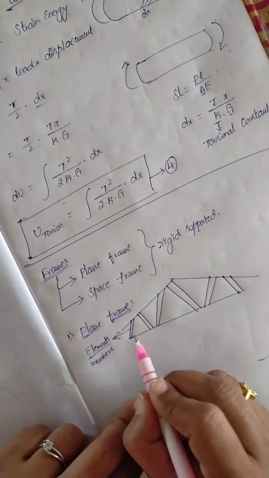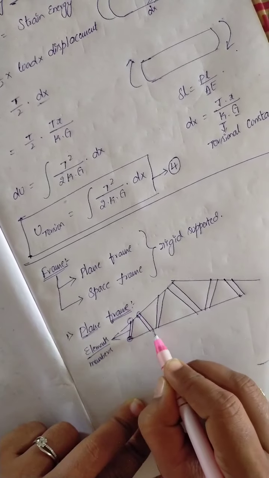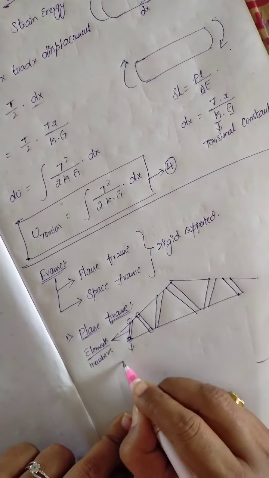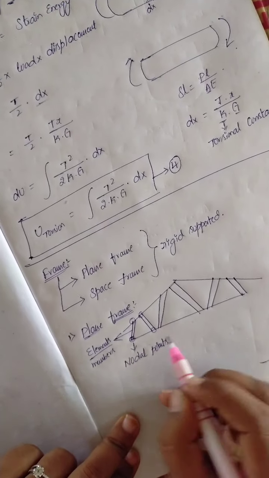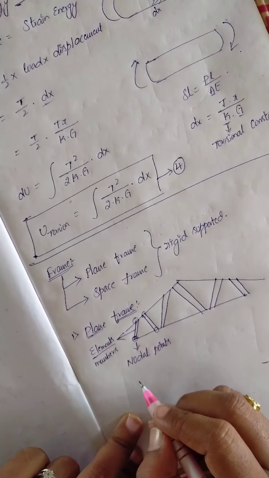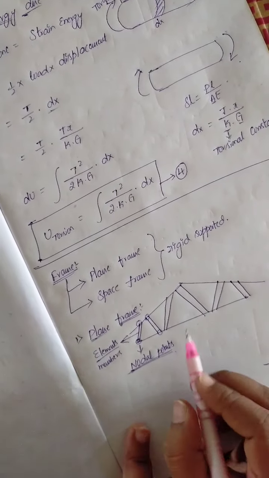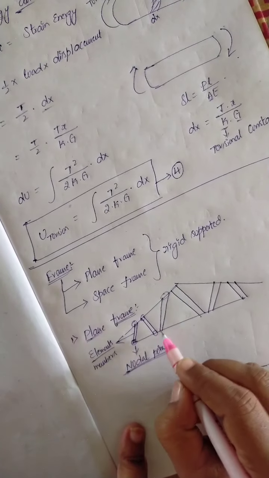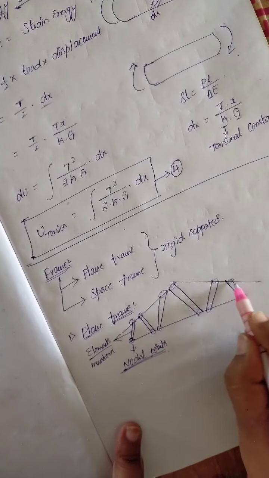How these members are joined at these points, we call nodal points. They play a major role because the joining happens there, so how things attach at the sections is very important.